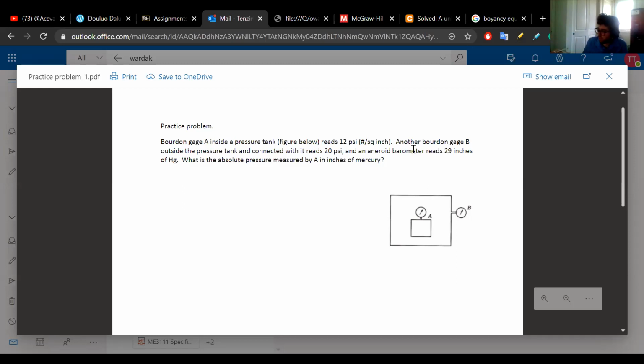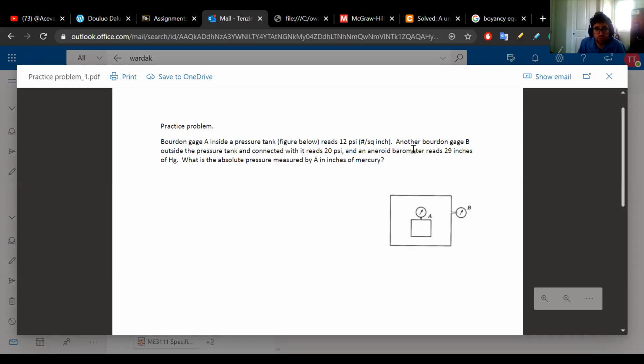So maybe 12 psi, we can Google that, 12 psi to inches of mercury, which is 24.43 inches of mercury.